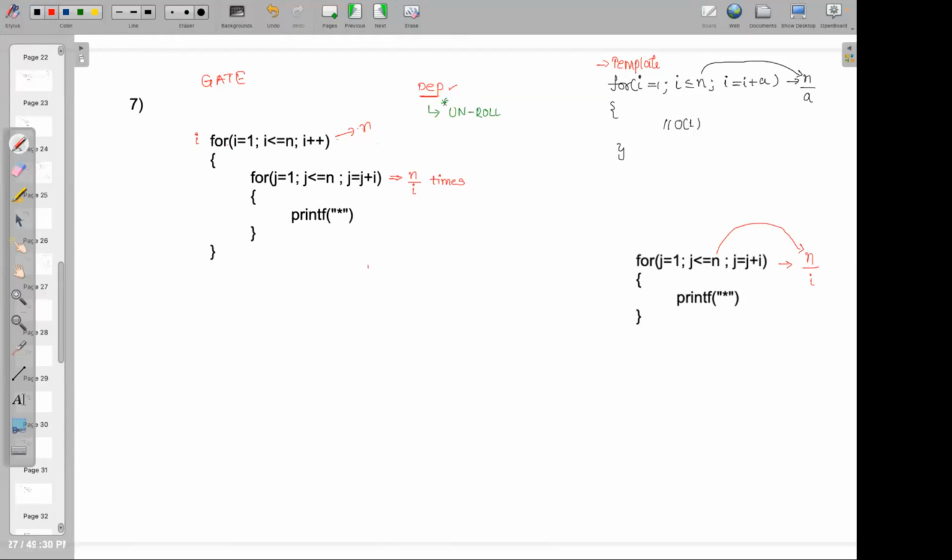Now, see, simple. Let me take i equal to 1. How many times will the inner loop execute? n by 1 times. When i is equal to 1, the inner loop executes n by 1 times. Very good.